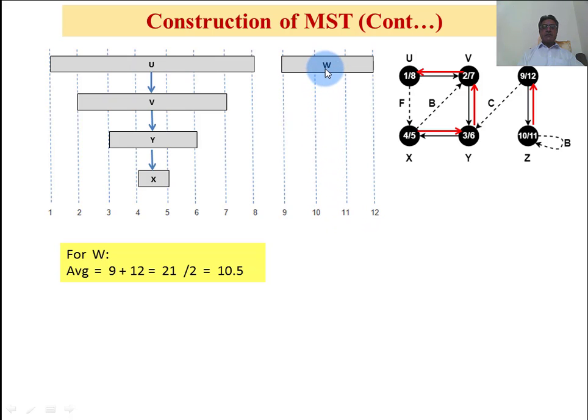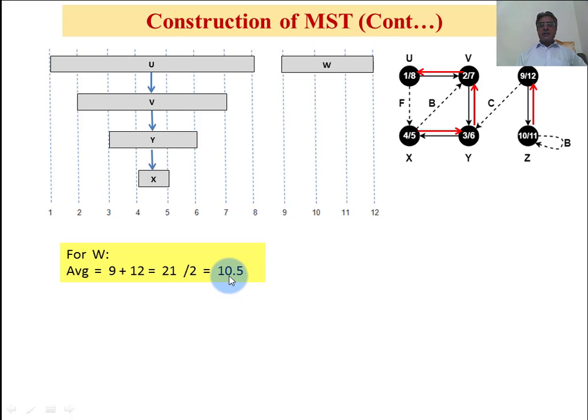At this location we have inserted W, while its starting time was 9 and ending time was 12. So it started from level 9 and ended at level 12. This was the span of W from discovery to final processing time, and we have inserted W at the 10.5 location because the average time was 10.5.